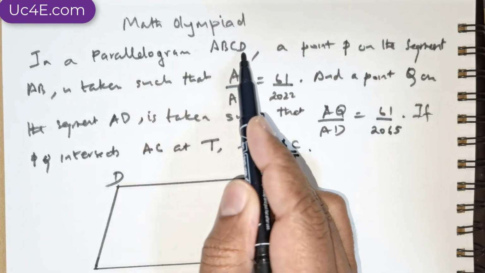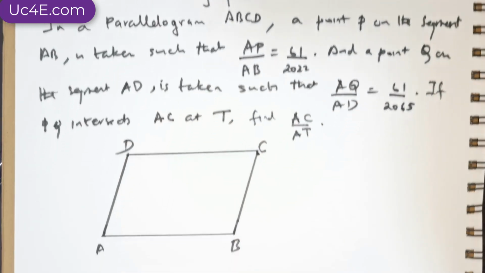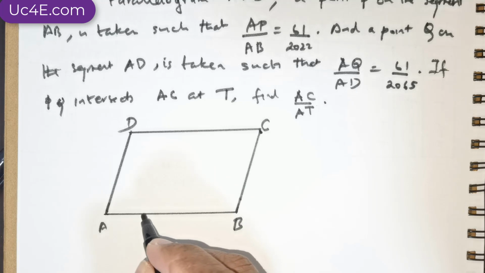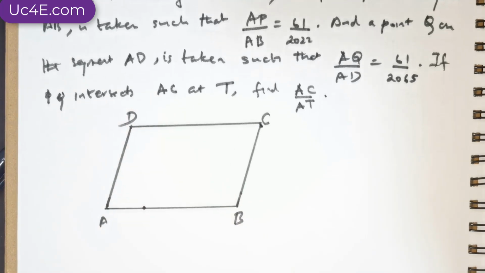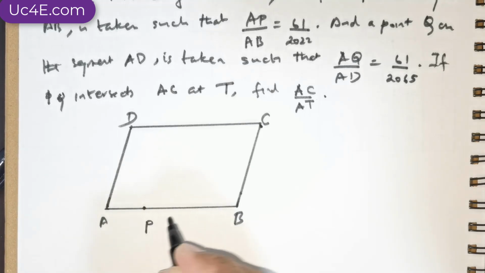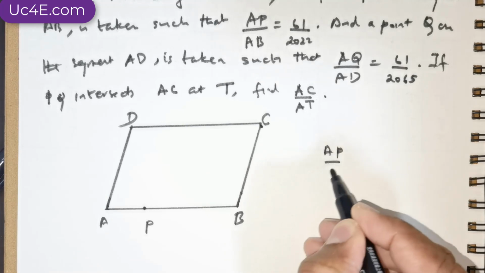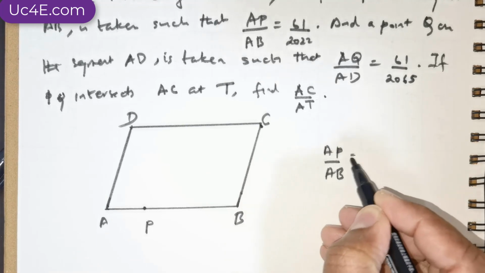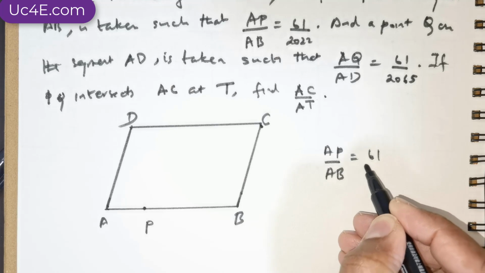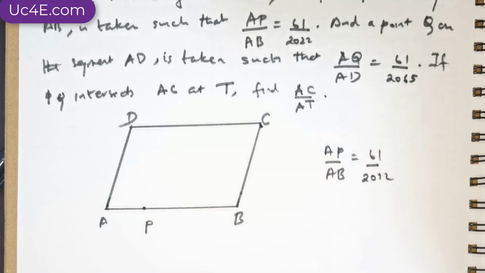In a parallelogram ABCD, a point P on the segment AB is taken. So this point is P, such that AP divided by AB is equal to 61 divided by 2022.